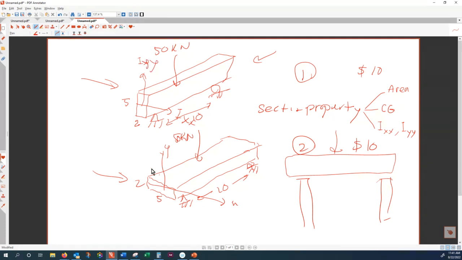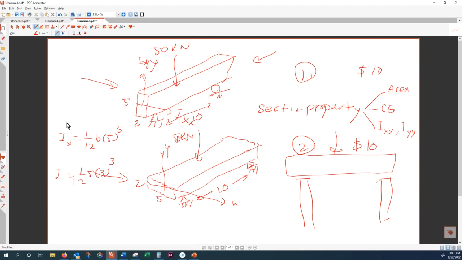So for the very same geometry, IXX is 1 over 12 BH cubed. So this is B times 5 cubed. And the other configuration is 1 over 12, 5 times 3 cubed.